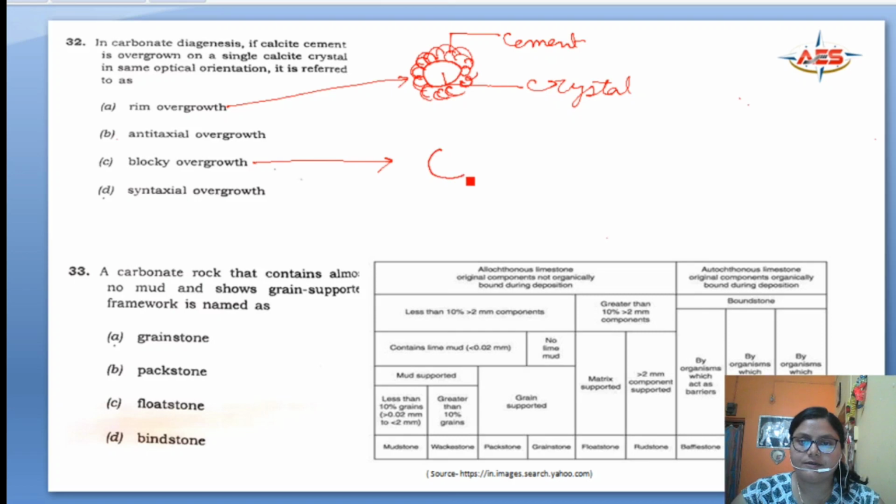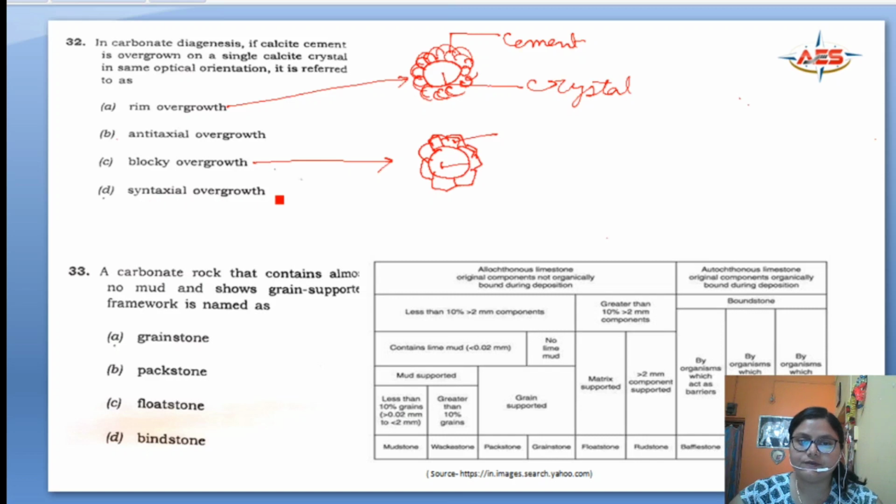Generally when the central crystal is covered by a cement in which the grains are generally having a blocky nature, okay, and they are haphazardly present around the central crystal, they are called as a blocky overgrowth. Now as the grains of the cement, they are blocky and haphazardly oriented, they do not have any optical continuity with the central crystal, so they are called as a blocky overgrowth.